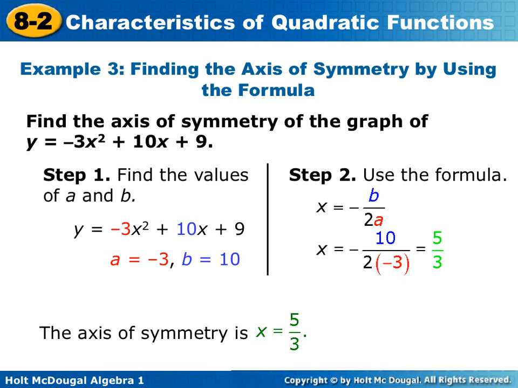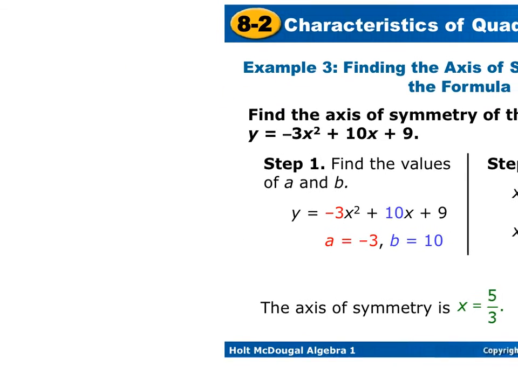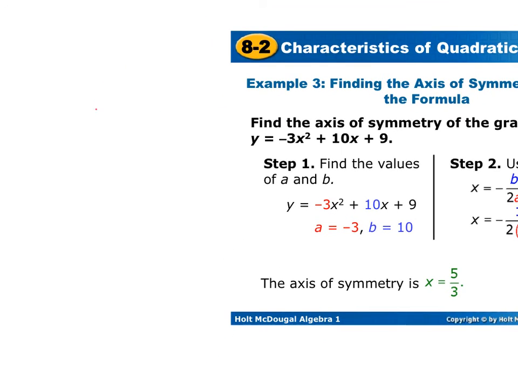Let's see this in action. So here is my equation. My a equals negative 3. My b equals 10. Everybody see where I'm getting these? Right here and right here. Here is my formula.